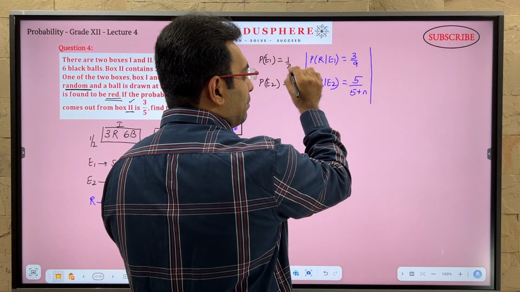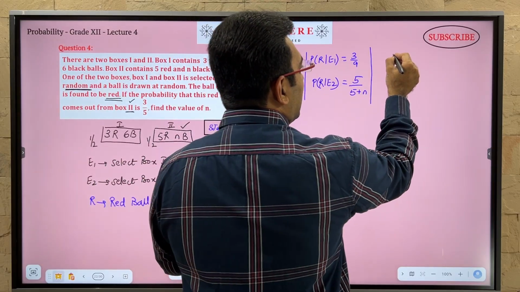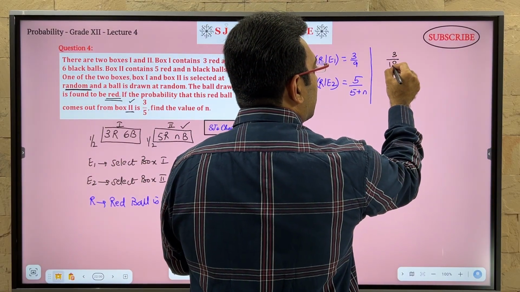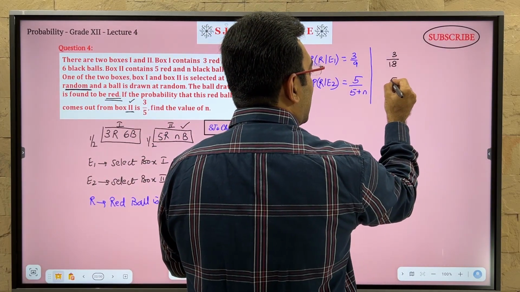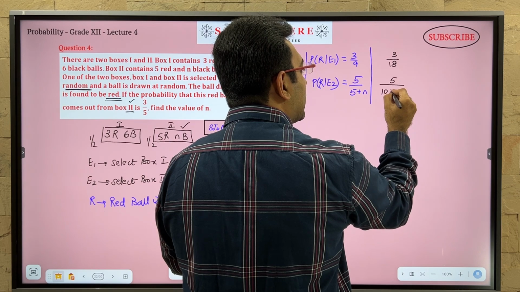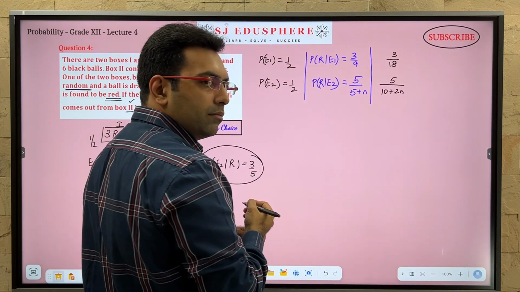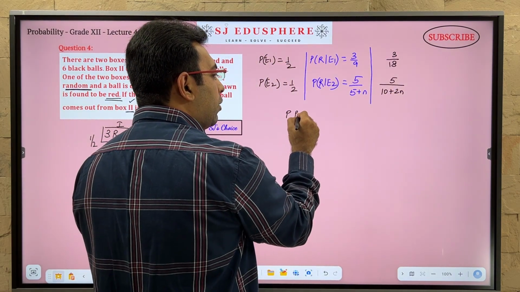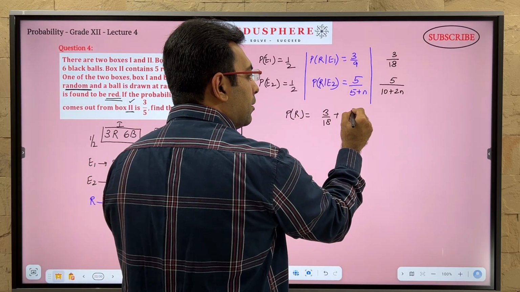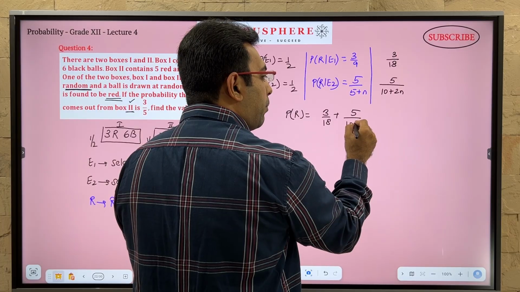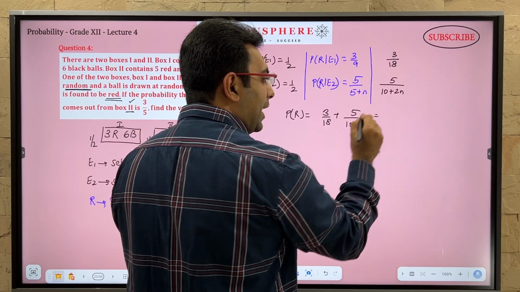So if I multiply these values, will I have 3 upon 18? And when I multiply this value, will I have 5 upon 10 plus 2n? So probability of R is 3 by 18 plus 5 upon 10 plus 2n.